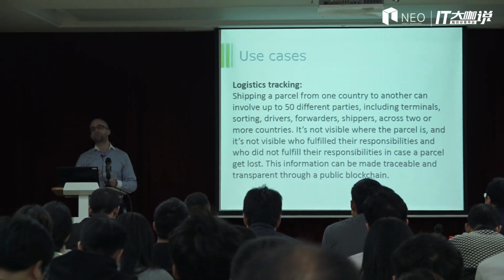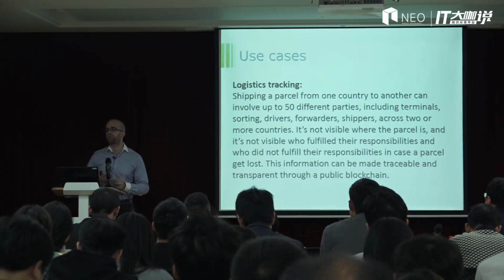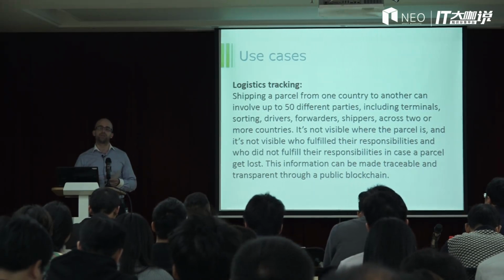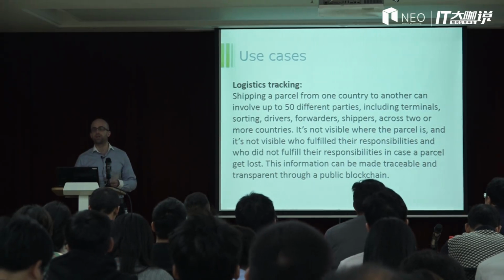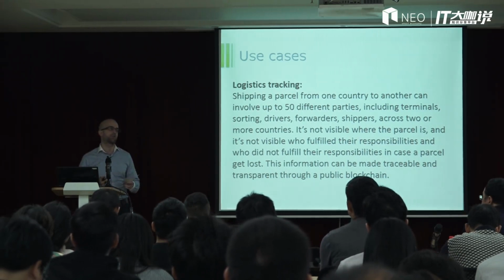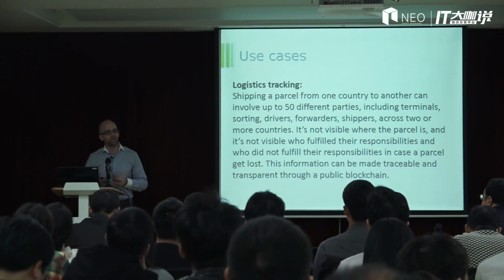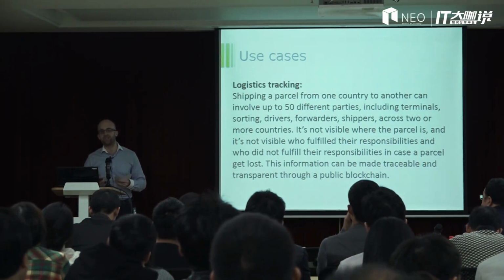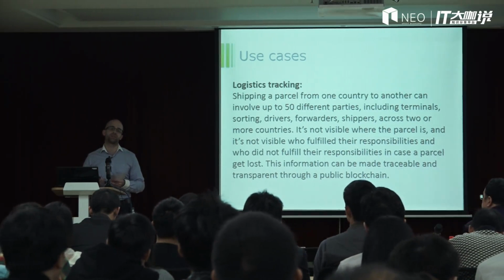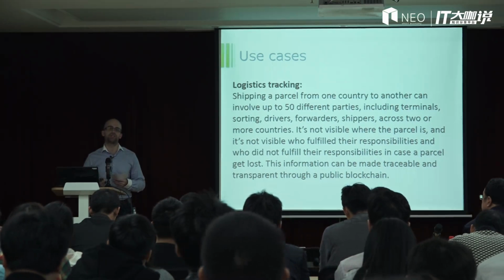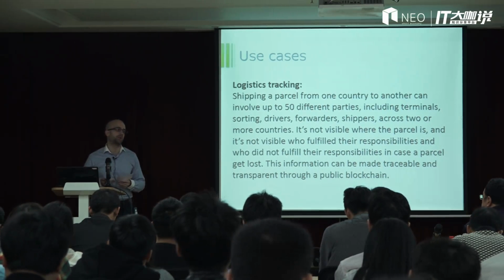There's also some joint protection there, since it's a logistic chain. If the parcel gets lost, the tracking service provider may not want to give the real reason why it's lost, because they are cooperating with other persons in the logistic chain and they want to keep a good relationship with them.